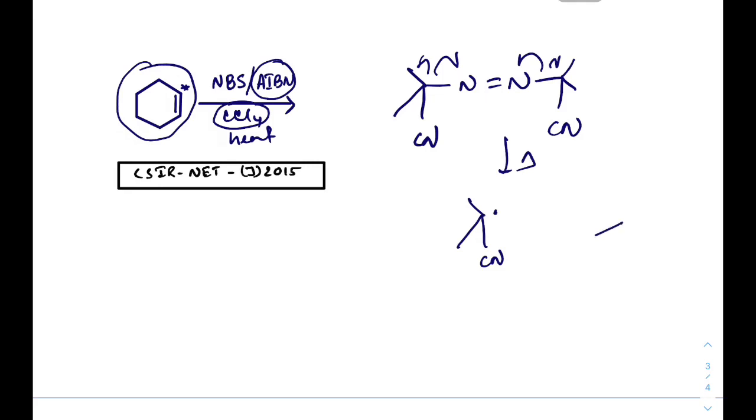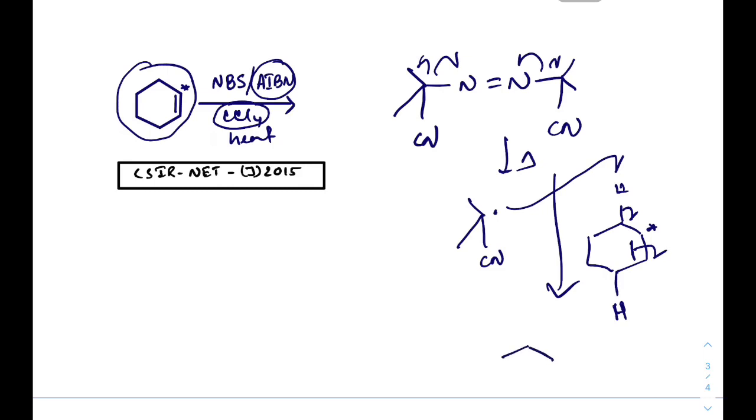It takes up the allylic hydrogen. The allylic hydrogens are there and there, so it can take this allylic hydrogen and form this type of radical, which can go through resonance and form this type of structure also.